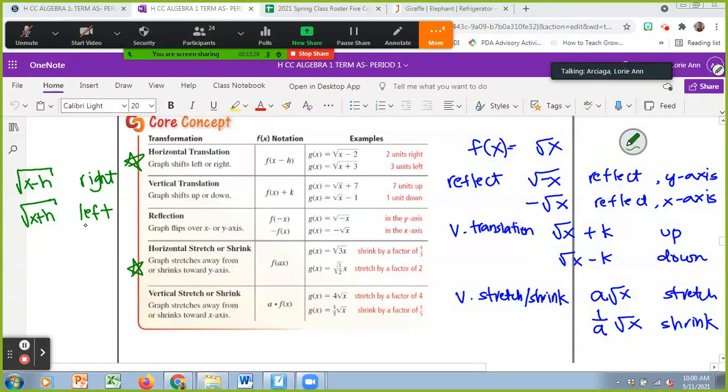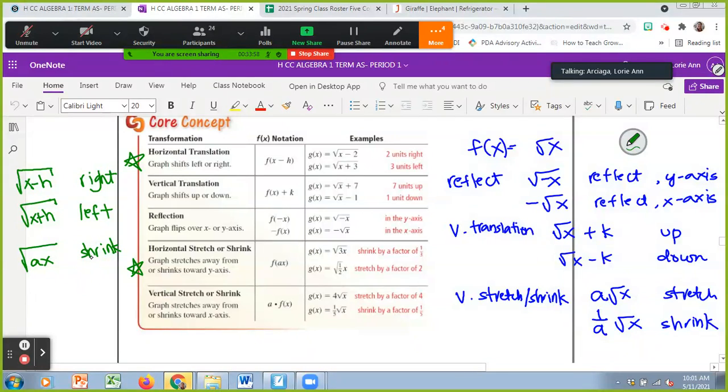Okay, and the other horizontal effect is when you're multiplying, but this time you're multiplying inside. So if you have square root of ax, it's like the a over there, but this is outside, this is inside. So if it's inside, you do the opposite effect again. So you don't vertical stretch it, it means you have to shrink it.